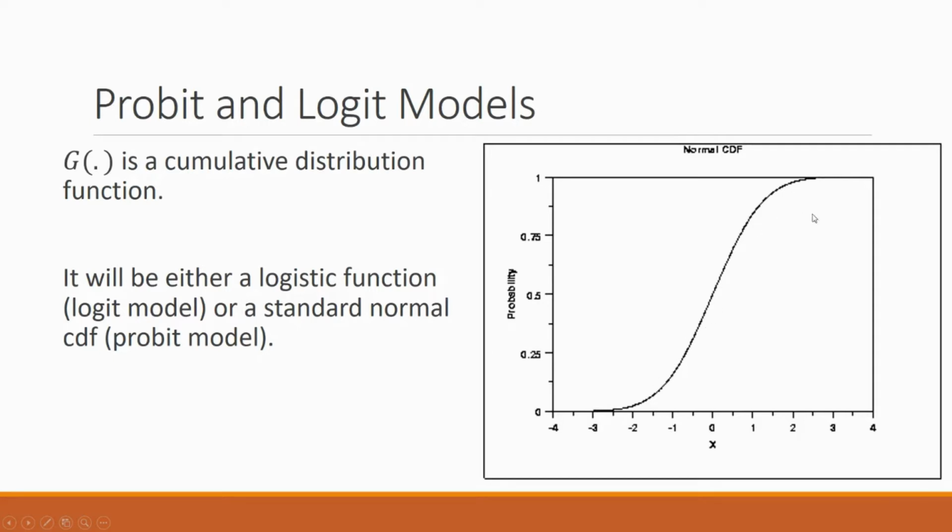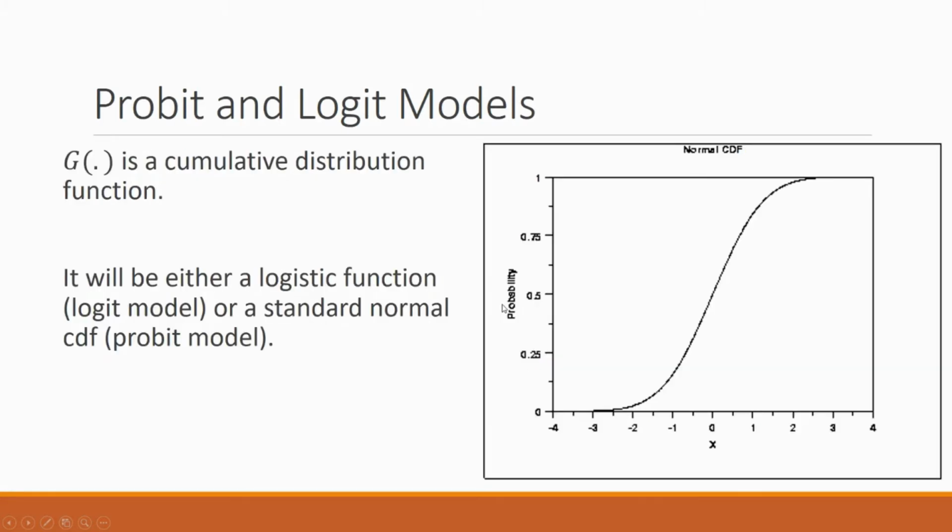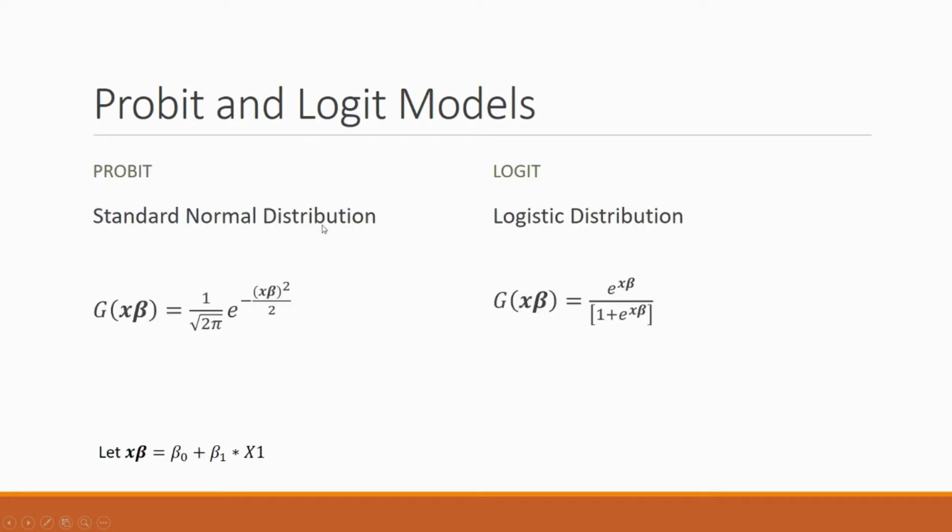All right, so this is a perfect function to use here. If we want to make sure that the probability is greater than 0 and less than 1, then we can use a cumulative distribution function to constrain our values between 0 and 1. And so that's what we do.